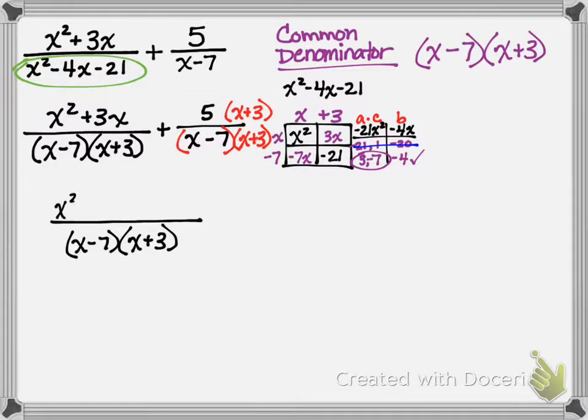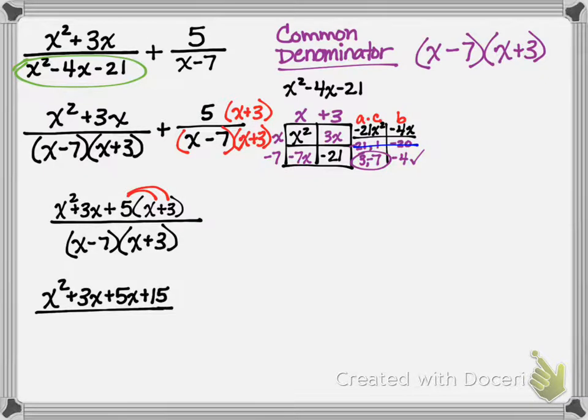So the first numerator was x squared plus 3x. I'm going to add that to 5 times x plus 3. I need to distribute the 5, and then I will combine my like terms. So I have x squared plus 3x plus 5x plus 15 in my numerator. And I'm going to recopy my denominator down here.